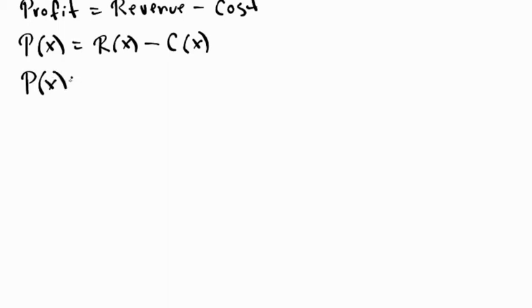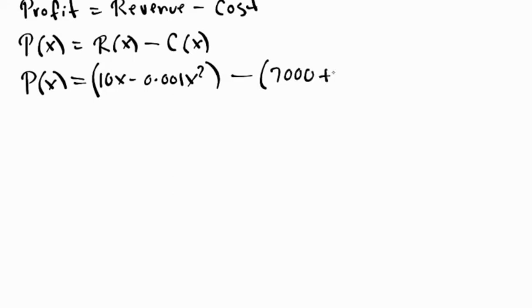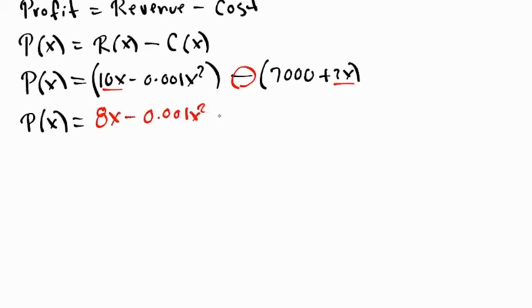And now we just have to recall our revenue function. And we see we have a 10x minus 2x, so that gives us 8x minus 0.001x squared minus 7,000.